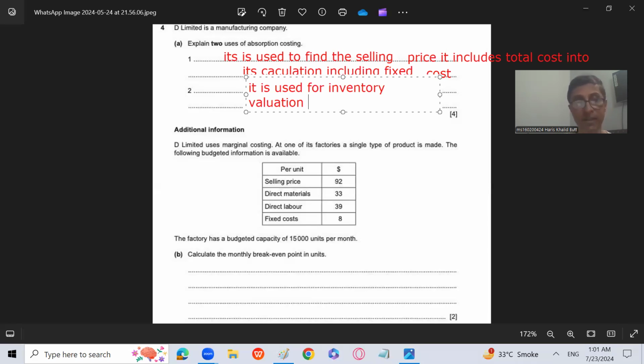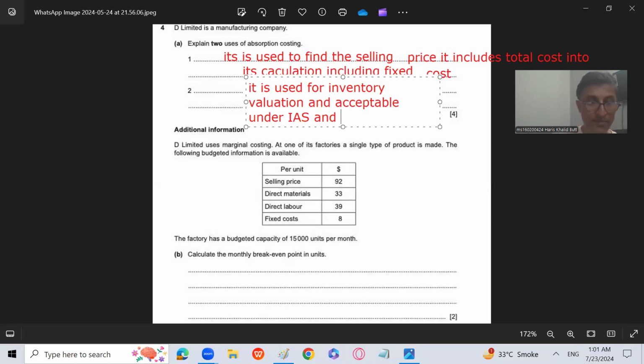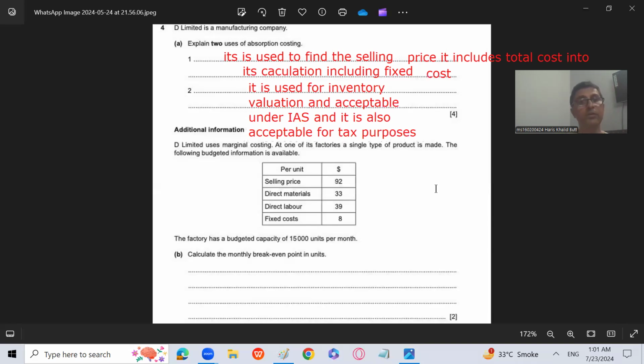So it is acceptable under IAS, the International Accounting Standard, and it is also acceptable for tax purposes, meaning tax authorities will accept your financial statements to evaluate your tax situation.